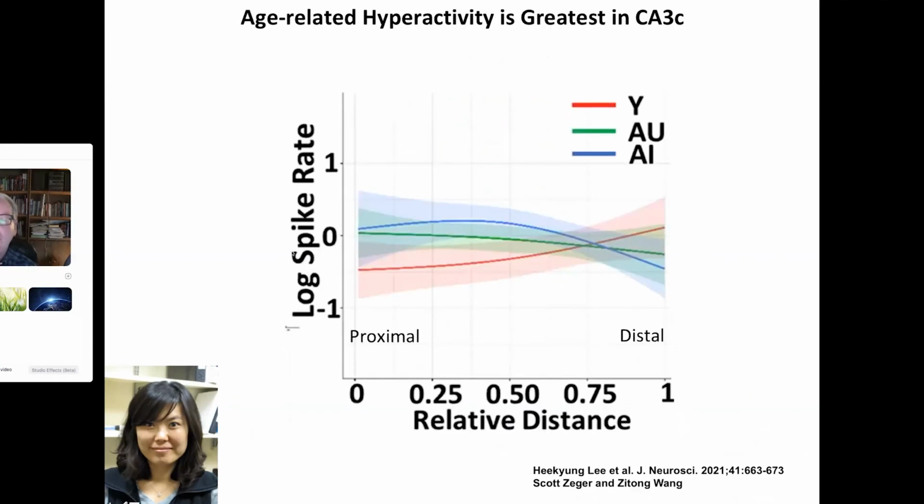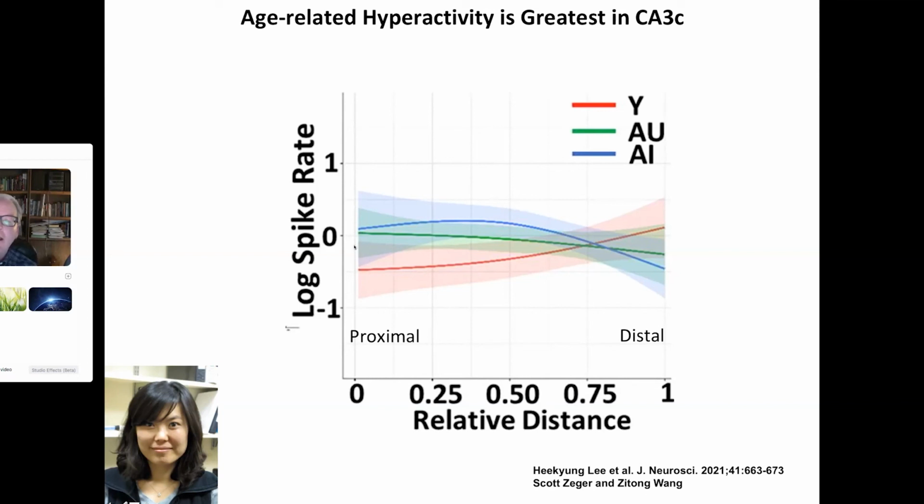So that's one point. Now, the Gallagher lab has also been talking for years about how hyperactivity in the hippocampus may be correlated with learning deficits. So Heekyung looked at the relative distance on the proximal-distal axis in terms of hyperactivity, in this log scale here, with some linear mixed effects models that we used with a statistician, Scott Ziegler, and his student Zitong Wang.